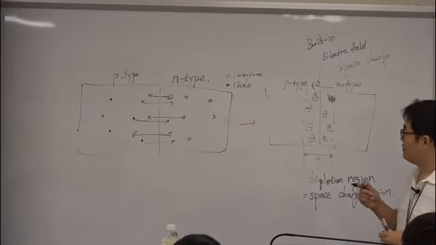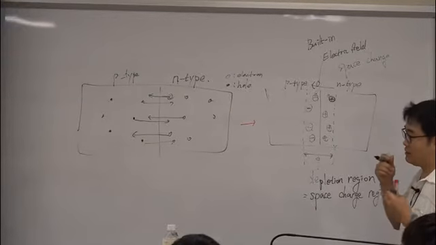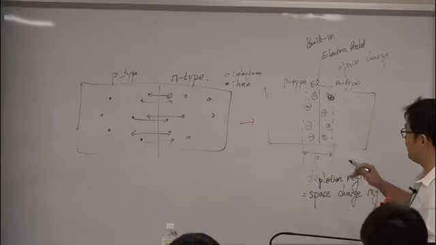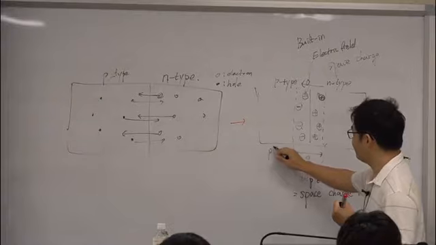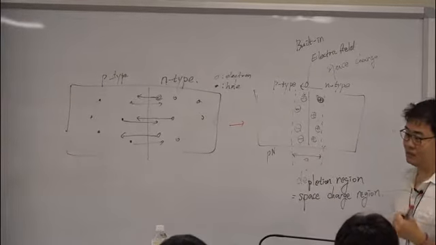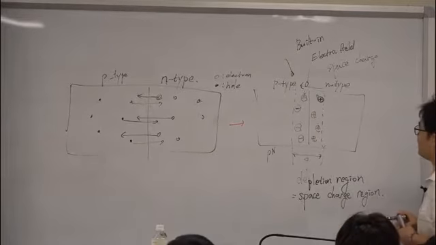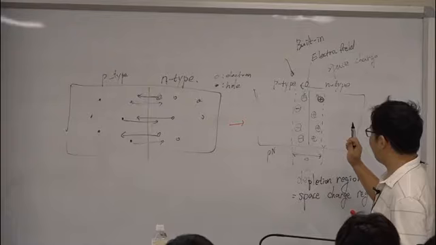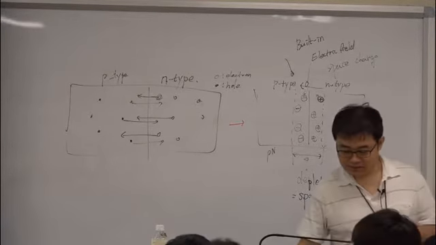And now let's say we have solar light, and this PN junction based solar cell absorbs the solar light from the solar spectrum. Okay, let me explain here.